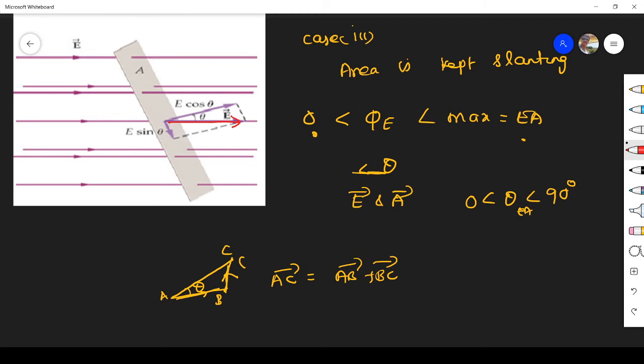If this is θ, this is the opposite side, and this is also the opposite side. Both are the same length. This is the adjacent side, and this is also the adjacent side. First we find the opposite side. Which function deals with the opposite side when you have a triangle and θ? The opposite side is dealt with by sin θ, because sin θ is equal to opposite by hypotenuse.